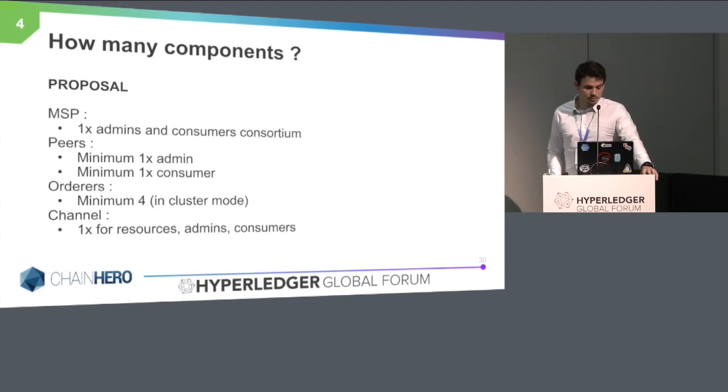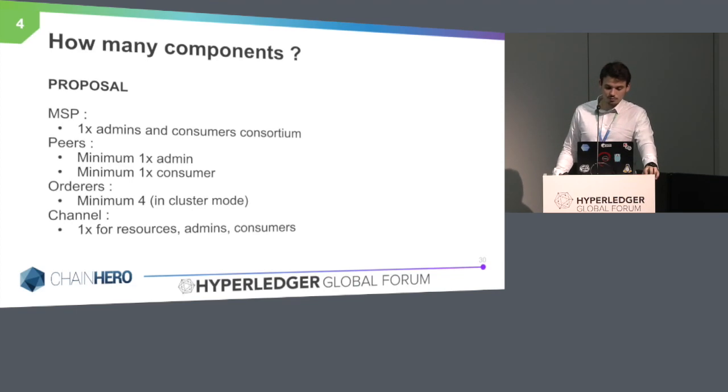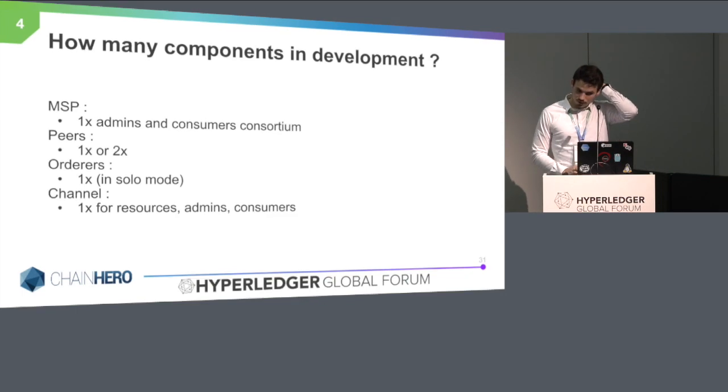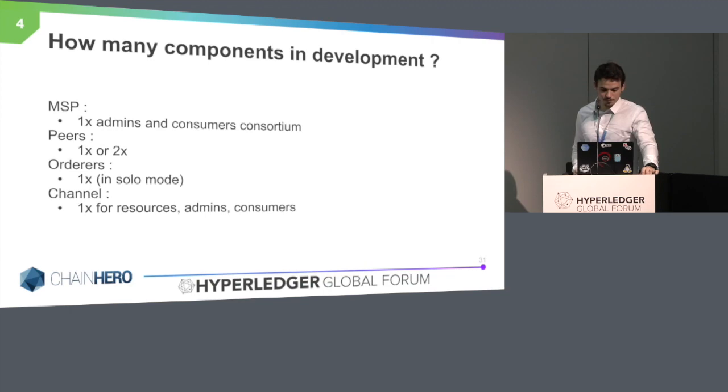Also, there are 4 orderers in order to add some resiliency inside the system. So they will use the cluster mode. For the cluster mode we can use Kafka, for example. Also, there is one channel because every piece of information is stored inside one channel. So for the development, we only use one or 2 peers.